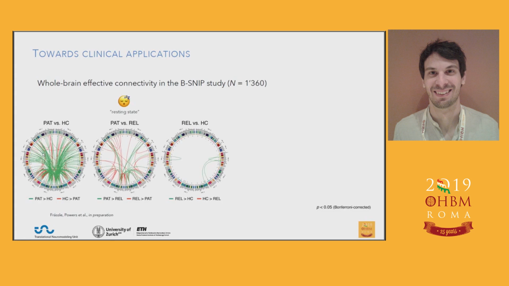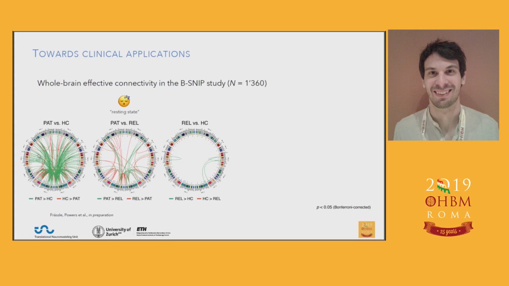And the first thing that we can see, if we look at patients, first-degree relatives, and healthy controls, is a progressive alteration of the connectivity patterns from health to disease. So as you can see on the left, patients were more different from healthy controls than they were from first-degree relatives, and those two, relatives and healthy controls, didn't differ very much. And this is, again, multiple comparison corrected across all the connections that we have.